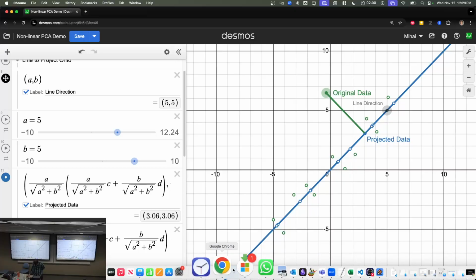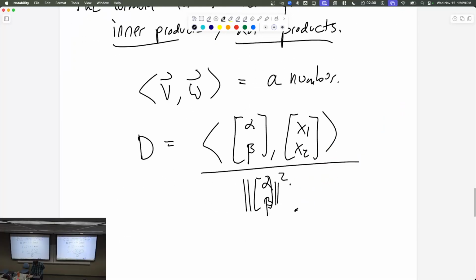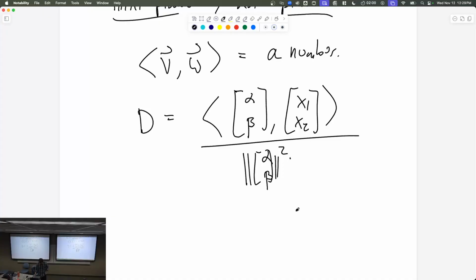Okay, this is nice. Let's do a little bit of expanding. So d is this much. The inner product between alpha beta and x1, x2 has a nice formula: you multiply the x coordinates together, you multiply the y coordinates together, and you add them together. So this is alpha x1 plus beta x2. And then I suppose there shouldn't be a square on the bottom.